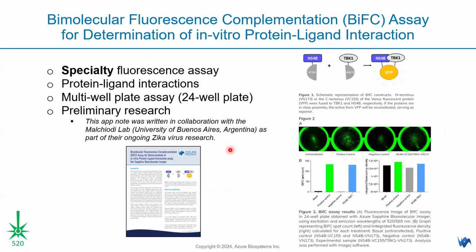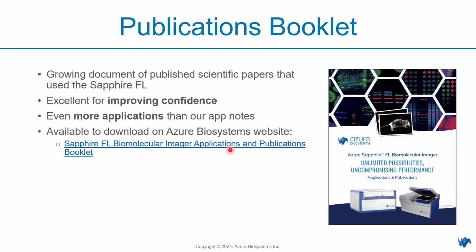These application notes are all available on our website. We also have publication booklets covering all these applications, including in-cell Westerns. In fact, we have a lot of technical notes explaining how to do in-cell Westerns and the choices you make, like between ELISA and Western blotting, when to go for in-cell Western and how to do it, and maybe something you need to consider or tweak if you're moving on from that.